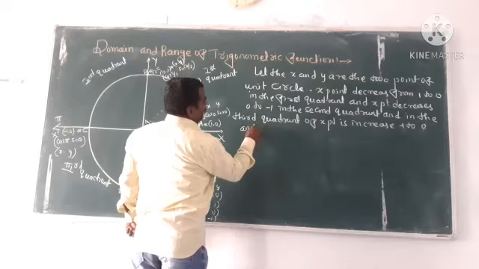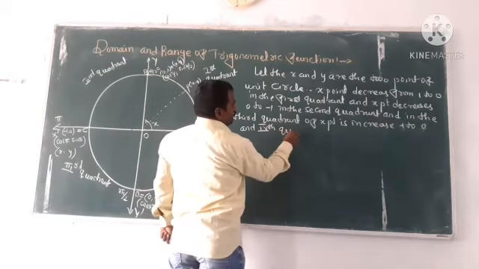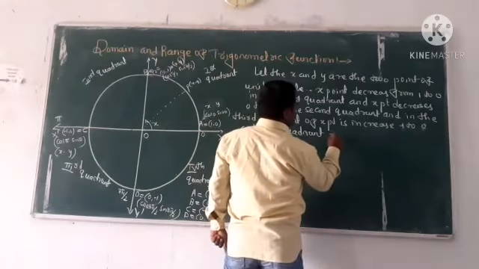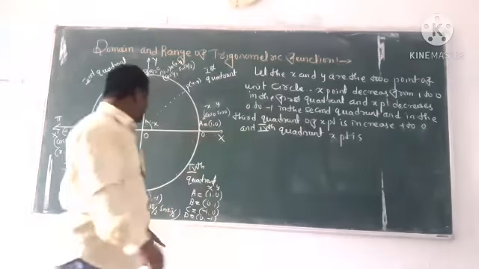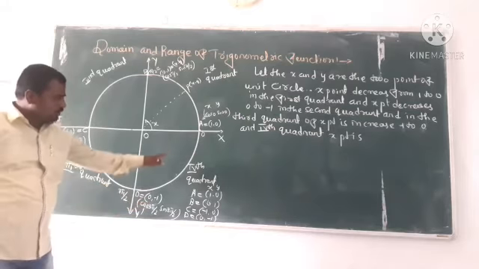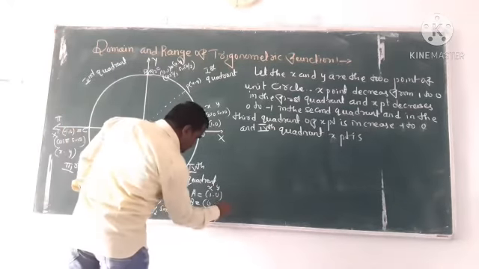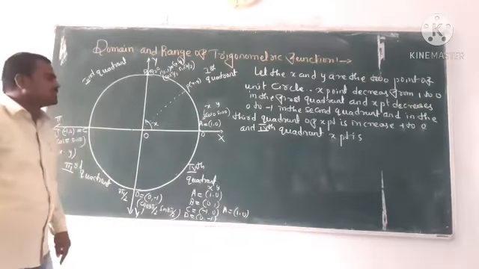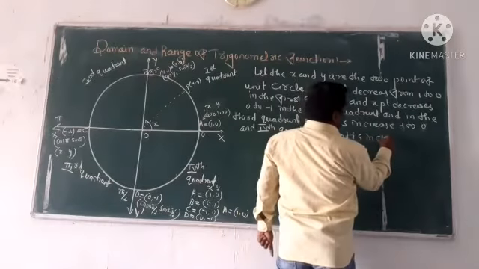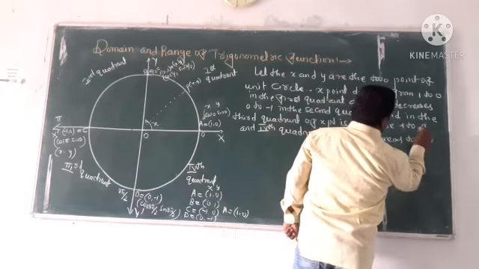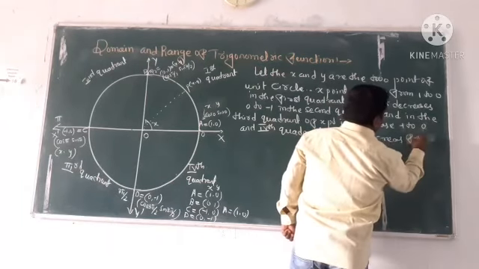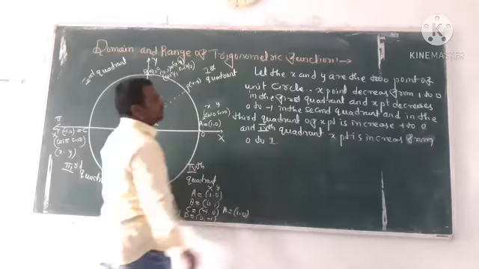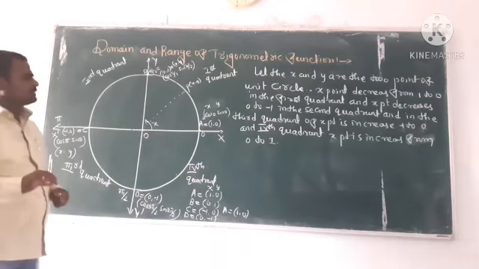And in the fourth quadrant, the x point goes from 0 to 1, so it increases from 0 to 1, right? That is the complete picture for the x point.